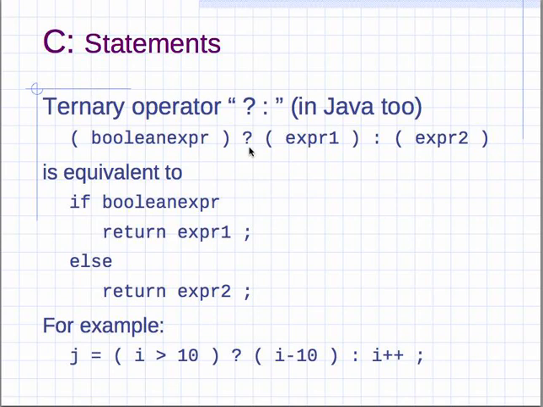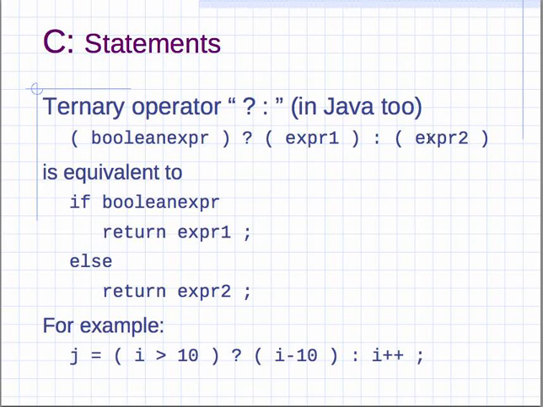You can read it as, is this Boolean expression true or false? If it's true, then this whole expression will have the value that's the same as expression 1. If this Boolean expression is false, this whole expression will have the value of expression 2.